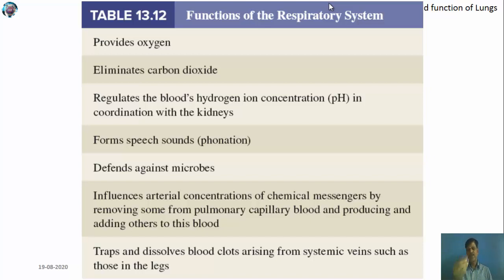So certain chemicals which are toxic to our body can also be released through the lungs. The lungs are used for the removal of certain volatile compounds from our blood, which can be easily released through respiration. So not only oxygen and carbon dioxide, even some volatile compounds can be released from the blood through the respiratory tract.